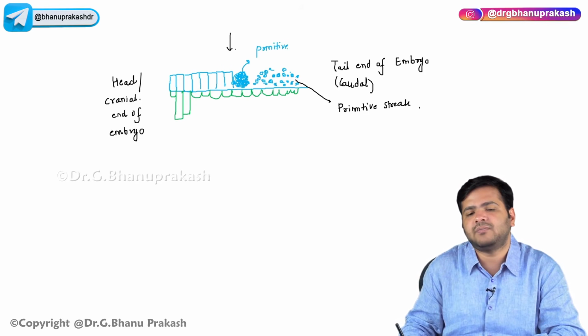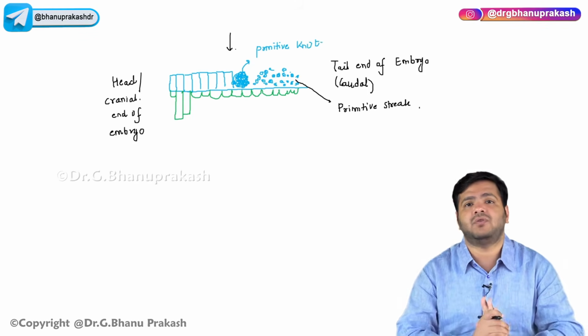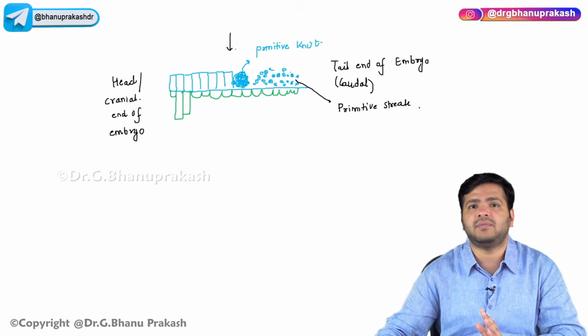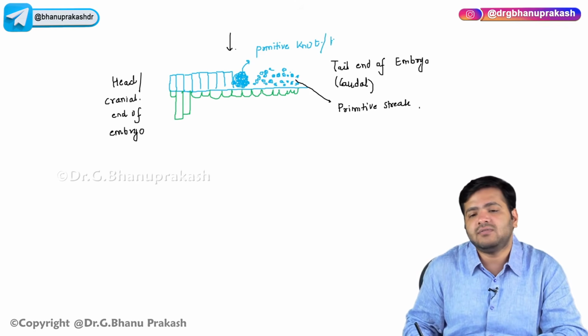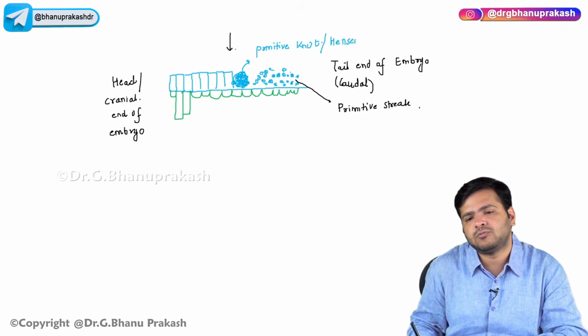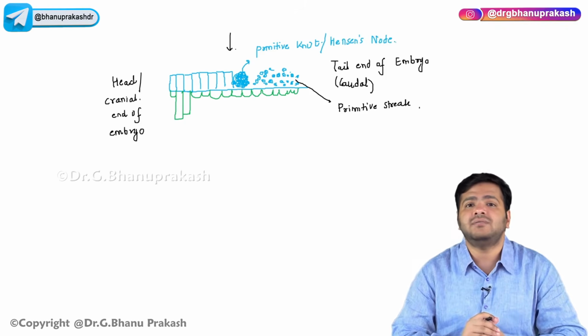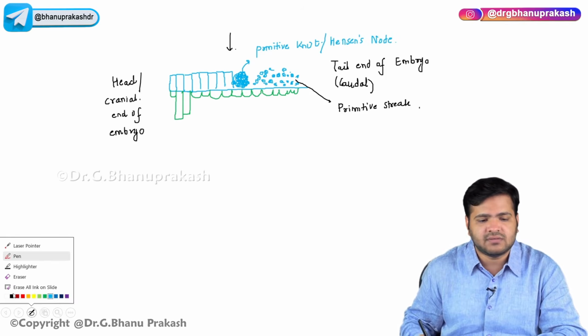These cells are more differentiating, and towards the head end they form the knot, that is the primitive knot, also called Hensen's knot.